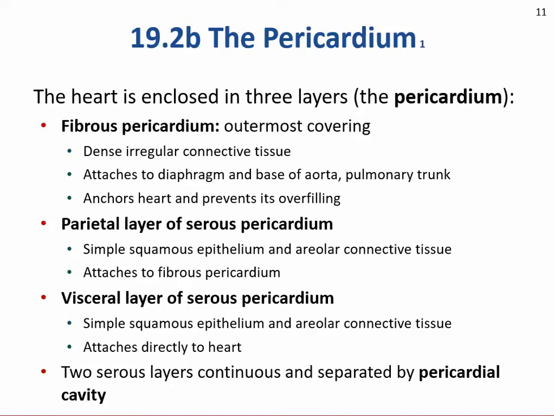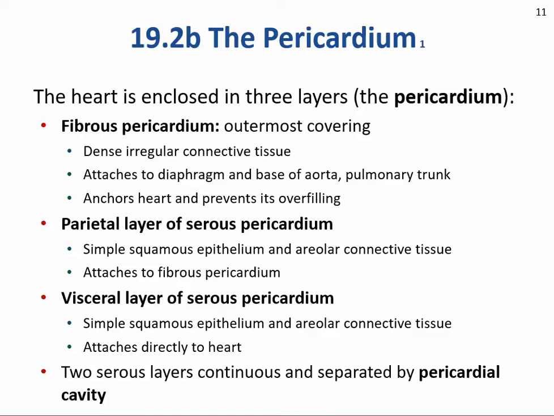They have a serous membrane that surrounds the organ and lines the cavity that the organ is in. And always the part that's attached to the body wall, to the outside, is called the parietal part, and the part that's attached to the organ is called the visceral part.